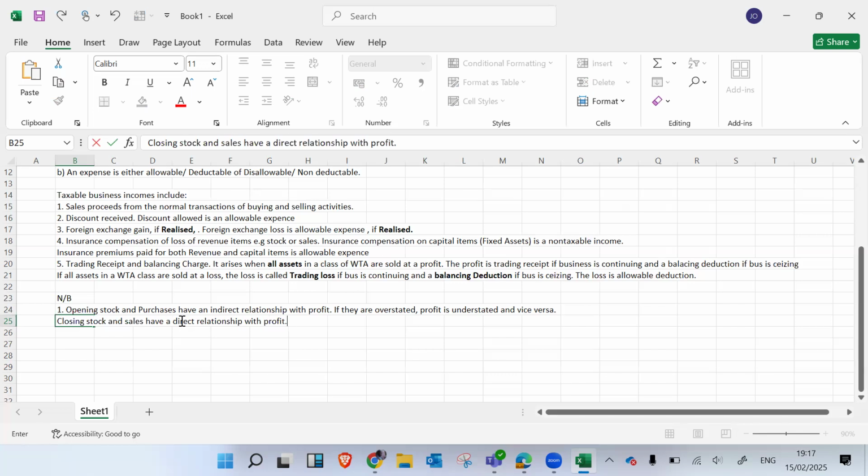So any direct relationship, if overstated, profit is also overstated, and hence we deduct to correct the profit. I'll explain. We deduct, correct the profit, and vice versa.